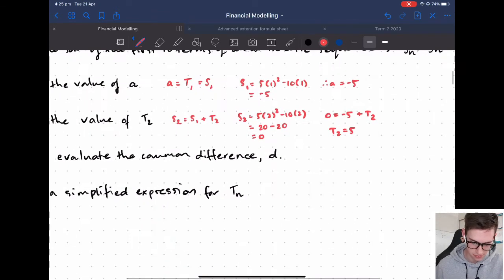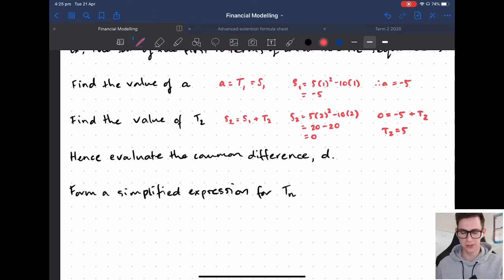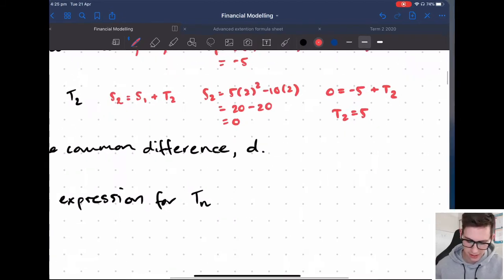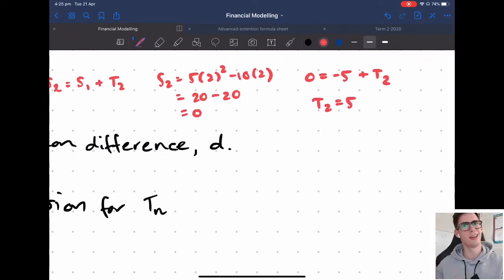Okay, cool. So now we want to find the common difference. So we've kind of started as a series question and it slowly transitioned into a sequences, which is kind of cool. So finding the common difference, remember, don't get scared because it's like part C. It's a really easy idea. It's just the difference between term 1 and term 2. And we do that by taking term 1 away from term 2.